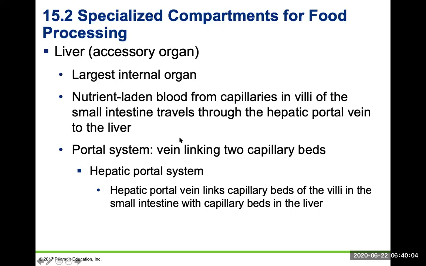The portal system is a vein linking two capillary beds, and we call it the hepatic portal system. It links the capillary beds of the villi in the small intestine that have just come from absorbing all the teeny tiny molecules that are broken down from your food with the capillary beds in the liver. So everything that becomes absorbed into the bloodstream goes through this hepatic portal system in the liver.